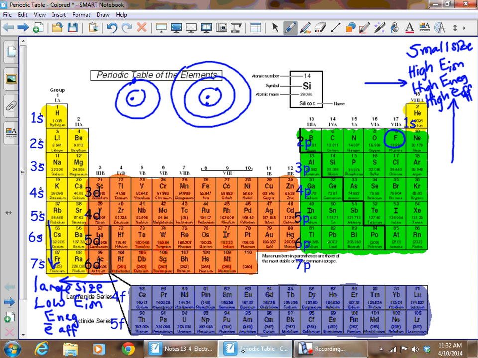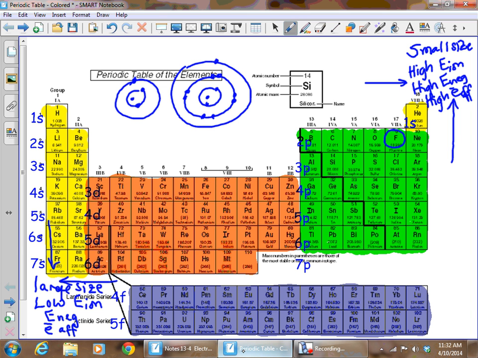Lithium has its 1 electron out there in the second energy level, whereas sodium has a 3rd energy level. So as soon as you add a 3rd energy level, as soon as you're going down that periodic table, you're going to automatically get bigger and bigger because you're adding more energy levels of electrons. So that electron cloud is getting bigger and bigger.